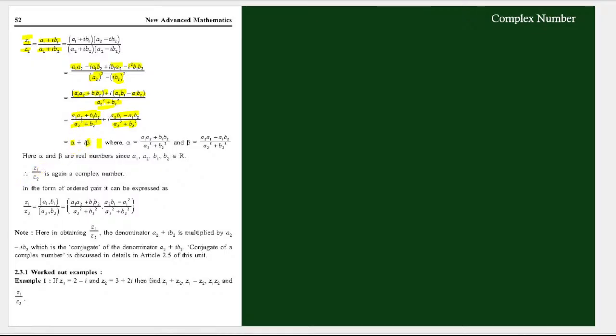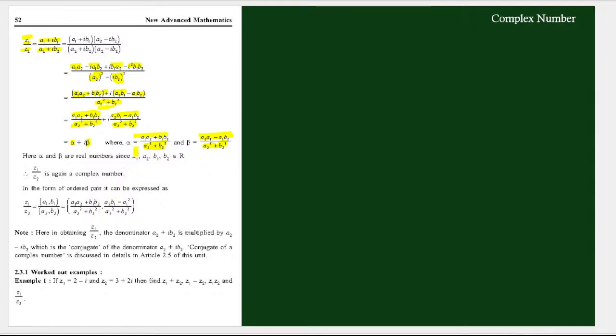Alpha plus i beta, where alpha is (A1 A2 plus B1 B2) by (A2 square plus B2 square), and your beta is (A2 B1 minus A1 B2) by (A2 square plus B2 square).